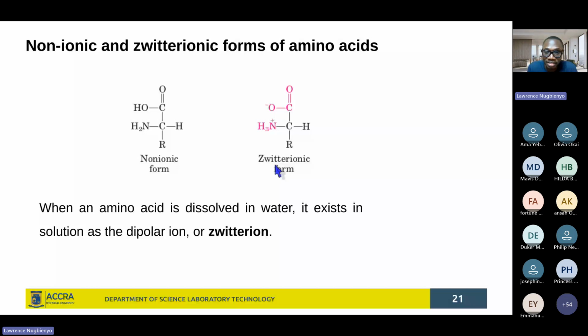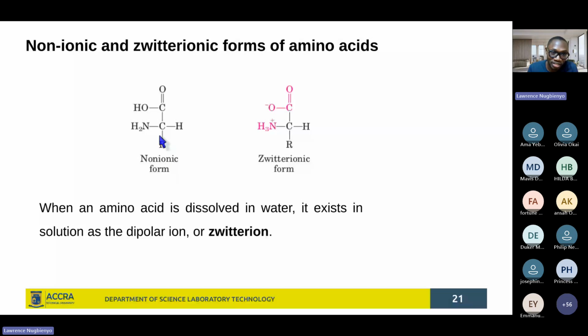And here you have an amine group which is carrying a positive charge, and you have a carboxylic acid group which is carrying a negative charge. And so that we refer to as a zwitterionic form of amino acids. But you also have a non-ionic form, which sometimes we can also refer to as a molecular form of the amino acids.